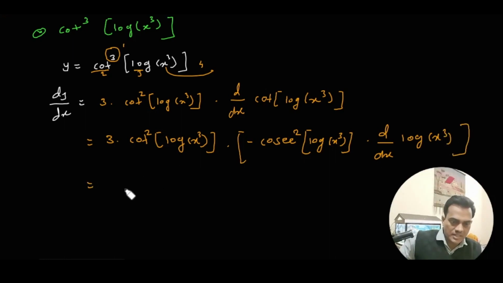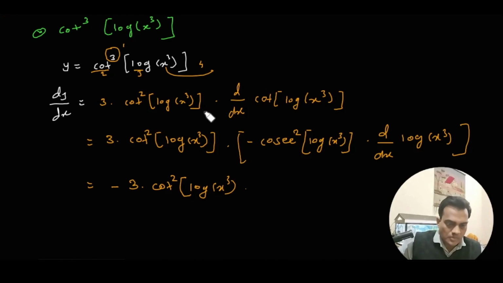So I will take the minus sign common, 3 as it is, cot square of log of x cube, then cosec square of log of x cube as it is, and then the derivative of the log, that is 1 upon x cube, and then the derivative of again the x cube.